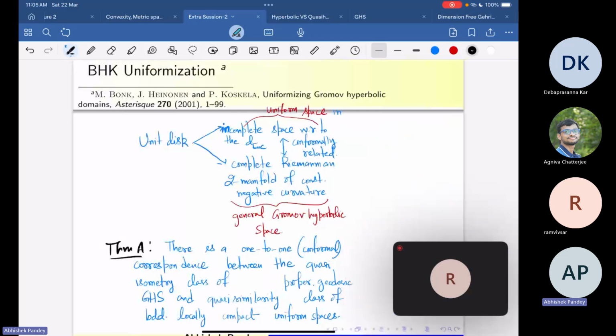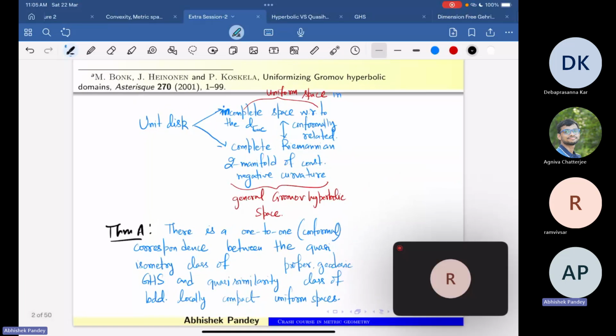Okay, so the general theme was to replicate this. The main theorem is that there is a one-to-one correspondence between the quasi-isometric class of proper geodesic Gromov hyperbolic spaces and the quasi-similarity class. Quasi-symmetric classes are mappings which are quasi-symmetric plus some other extra conditions; I will not go into that.